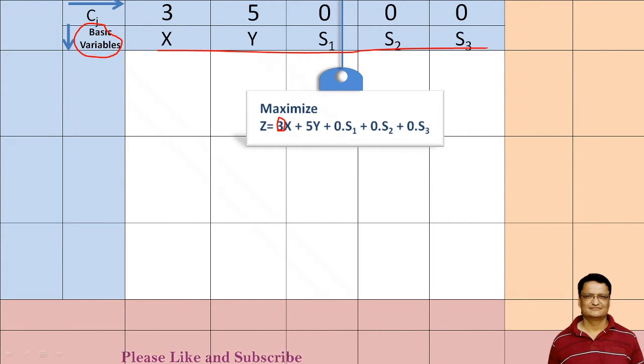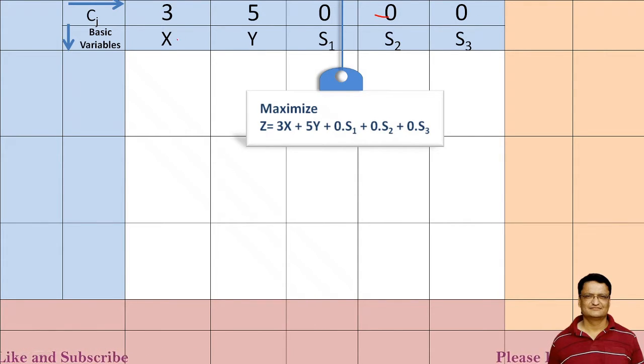Initially we assume that the value of x and the value of y is 0, and we take all the slack variables, that is S1, S2 and S3, in our initial basic feasible solution. So basic variables are those which are currently present in the simplex table, and in the initial stage we take all the slack variables as our basic variables.